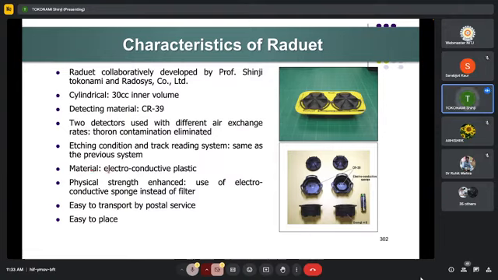The body material is electroconductive plastic, with an electroconductive sponge as a filter. This device is quite small, so it is easy to transport by postal service and easy to place.